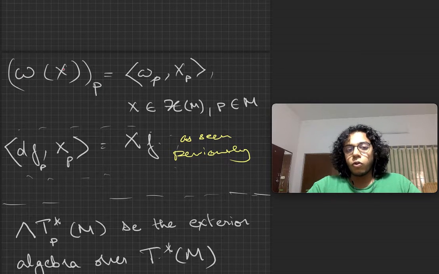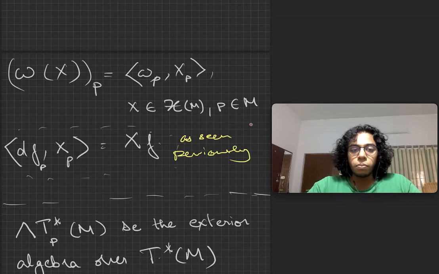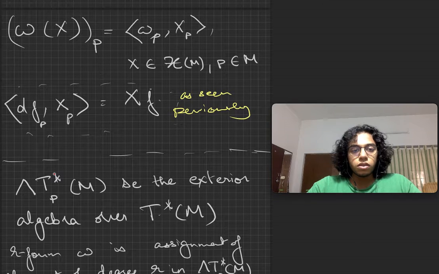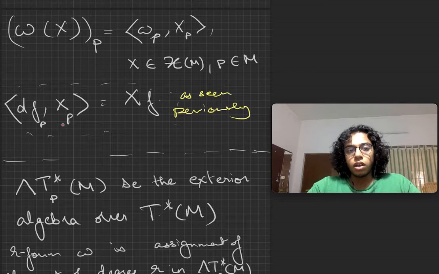So you have omega equal to omega p, x p, for each x belonging to the module of the manifold and p belonging to M. So this is essentially saying that df of p, x of p is nothing but x of f.